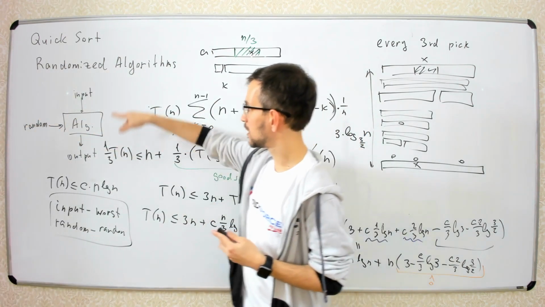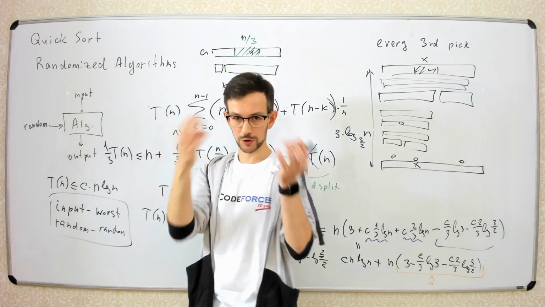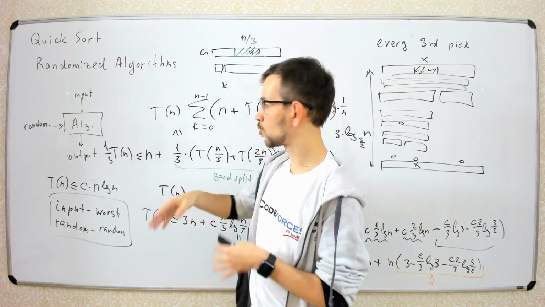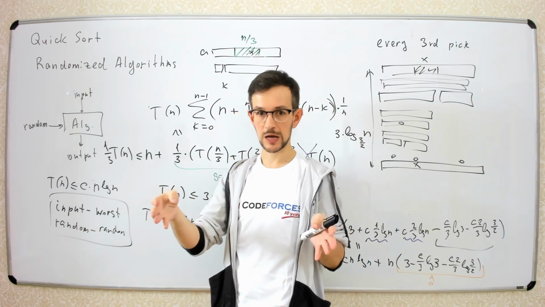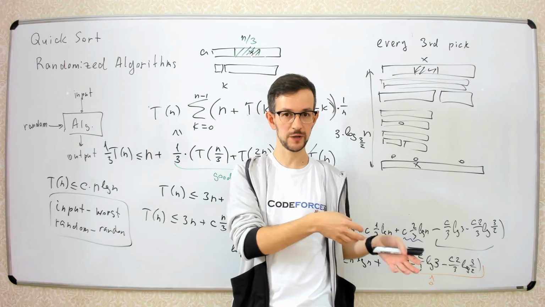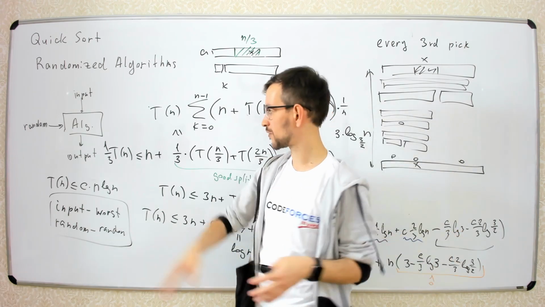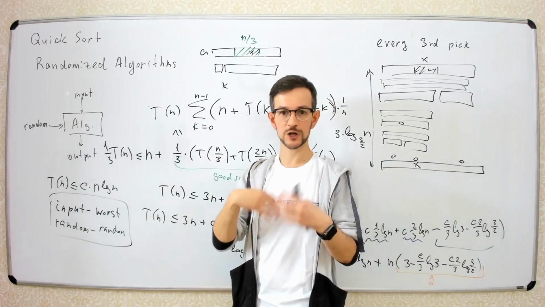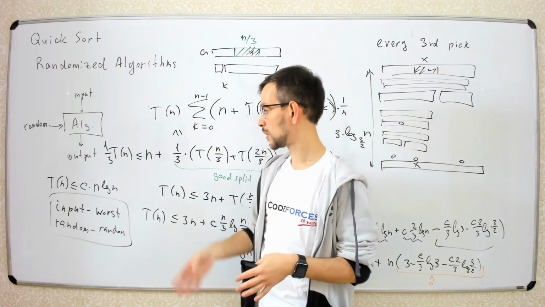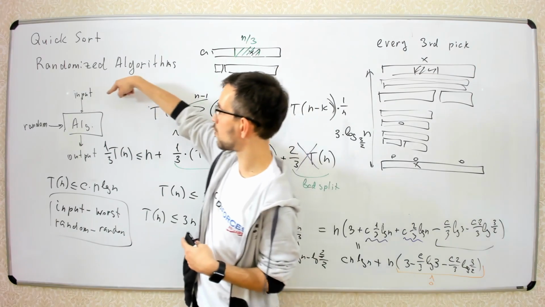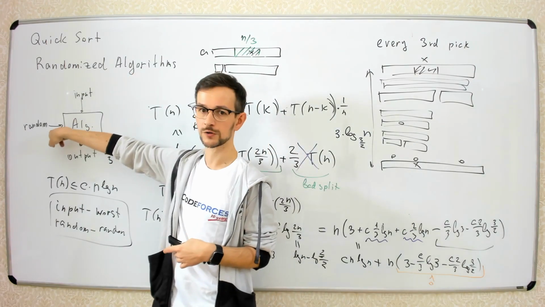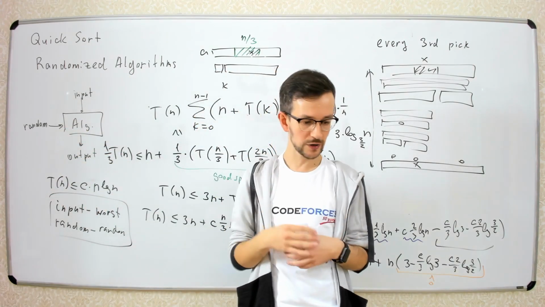We take each input and calculate the average time complexity for this input, and then take the worst possible input. So we take the input which has the worst possible average time complexity. Again, we measure the time complexity in the worst case, but the worst case is not over these random values. The random values are just some random values.